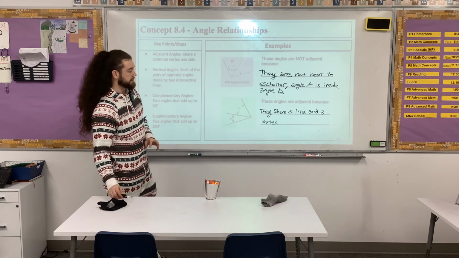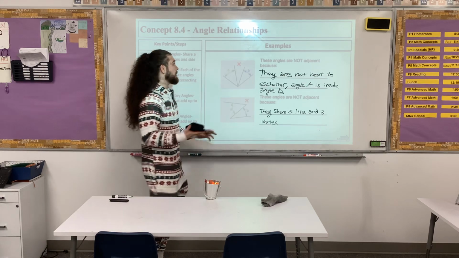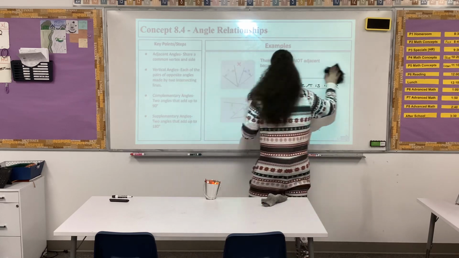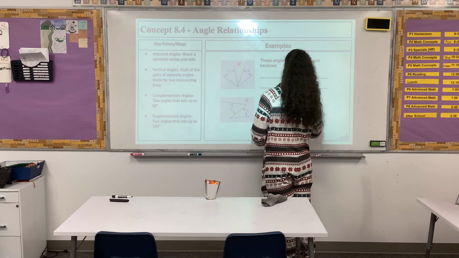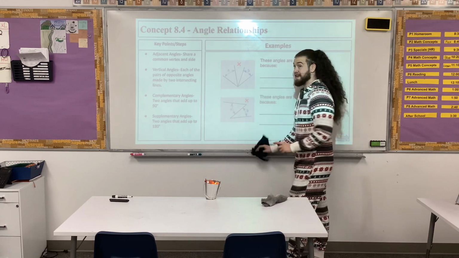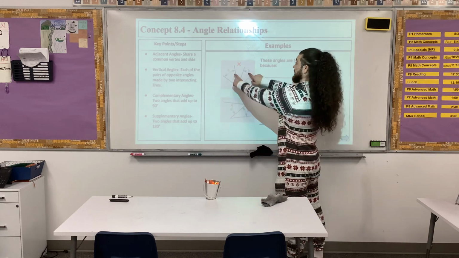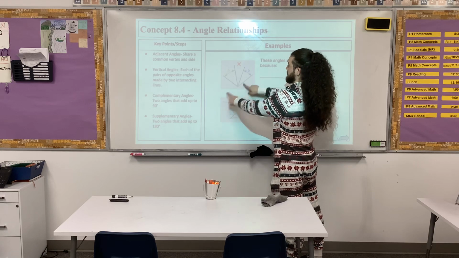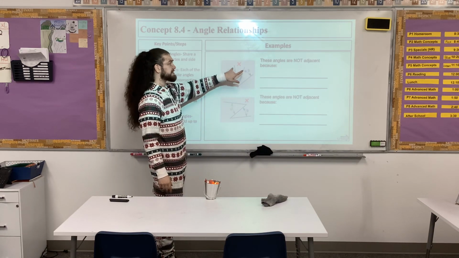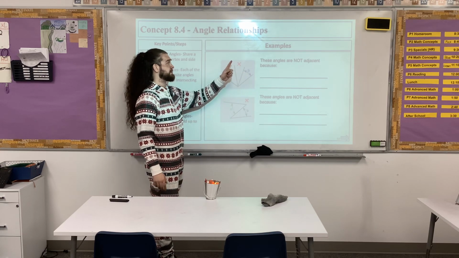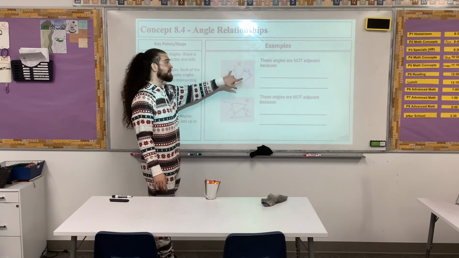Let's go ahead and keep looking at some adjacent angles. Now, these angles are not adjacent. A and B are not adjacent because they do not share a common wall. They do not share a common line, right? They are together on the same vertex, but A is adjacent with this X, and B is adjacent with this angle with the X. They're not adjacent with each other.